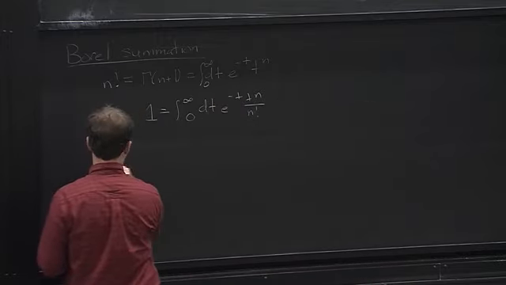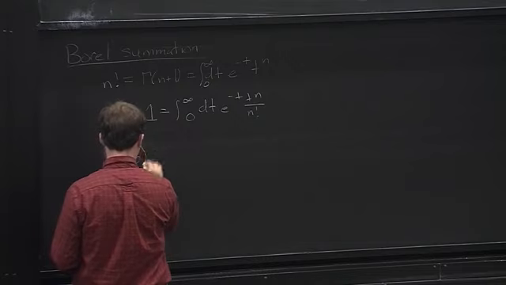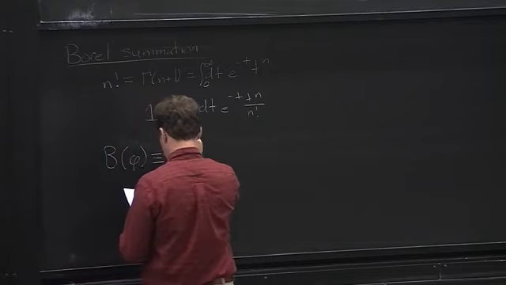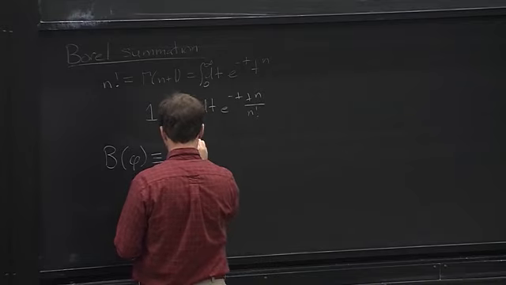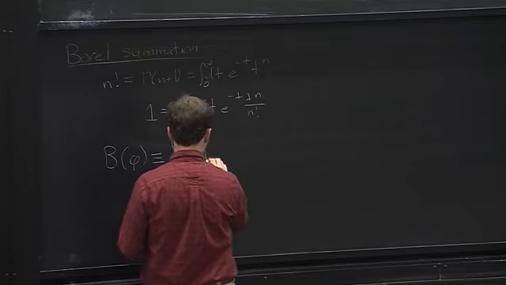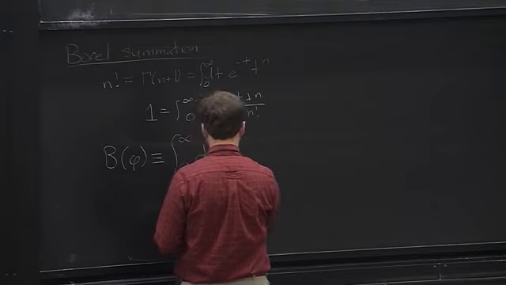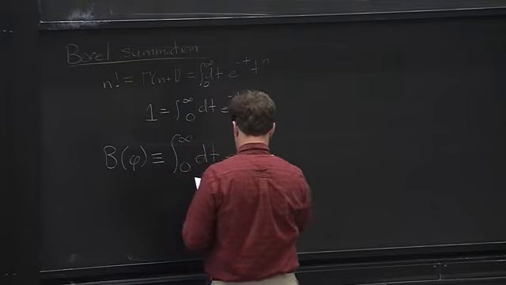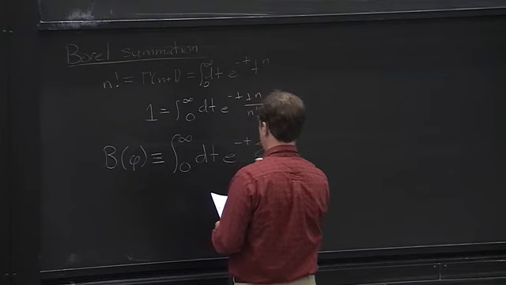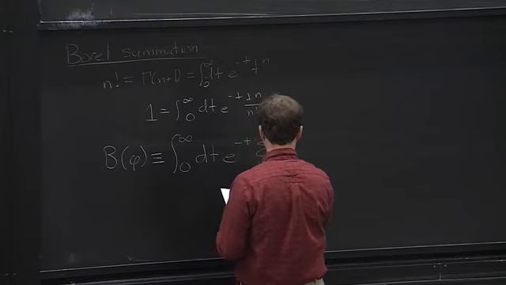So the Borel sum of a divergent series is defined to be the integral from 0 to infinity dt e to the minus t, times the sum of a_n t to the n over n factorial. We've just inserted 1 in our series and swapped the sum and the integral.